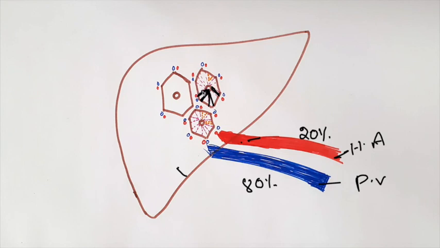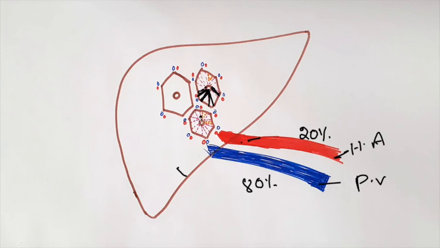Beside the sinusoids, we see a plate arrangement of hepatocytes. I have drawn the sinusoids in pink color. This is the sinusoid, and this is a plate of hepatocytes. The space between the sinusoid and the plate of hepatocytes is known as the space of Disse.